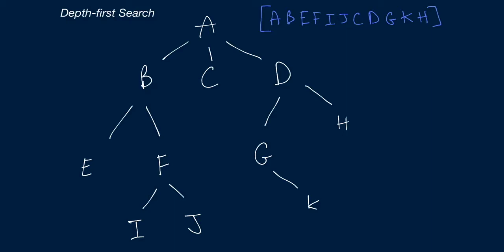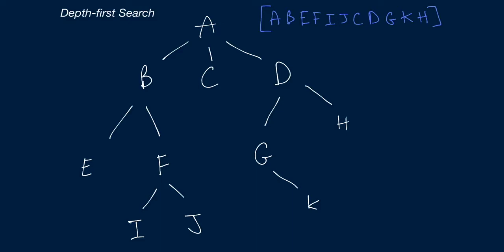This algorithm can actually be implemented pretty beautifully in a recursive way, where we call the depth-first search function on each child node one after the other. Basically the way it works, and I'll repeat this a couple of times, is whenever we are at a given node, we're going to add that node's name to the final array.